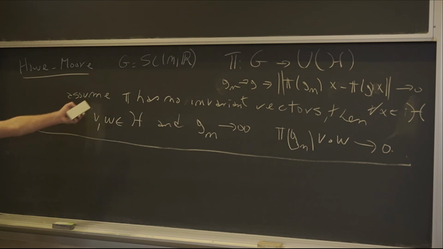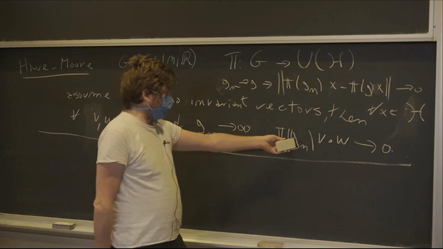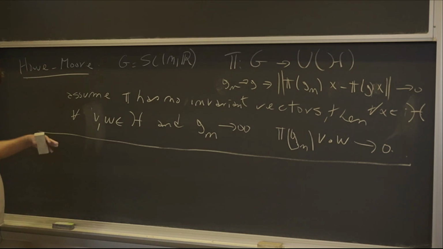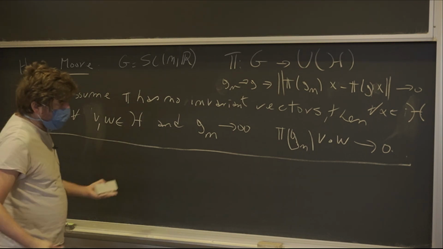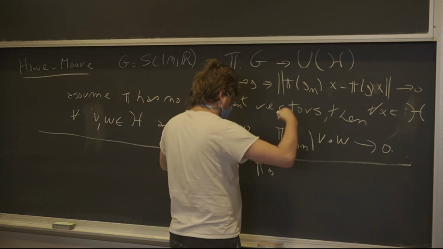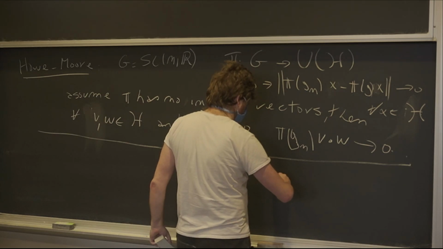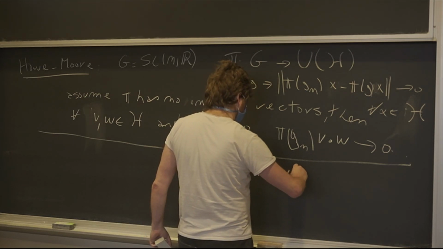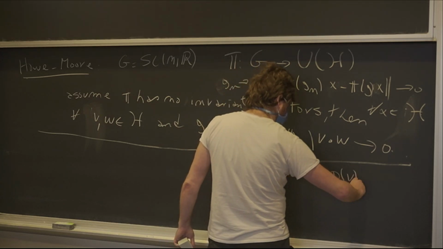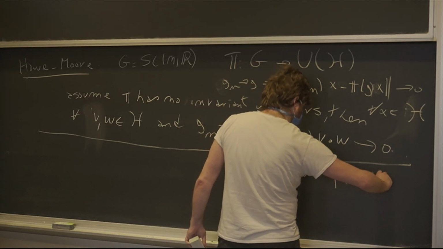So certainly you need the no invariant vectors, because if not, you take the invariant vector with itself, and you will not get to 0. But you can always pass to the orthogonal complement of invariant vectors and apply this to that orthogonal complement. So in general, what you get is the standard mixing: you have to project onto invariant vectors, but it will be something like this times w minus projection of v times projection of w.